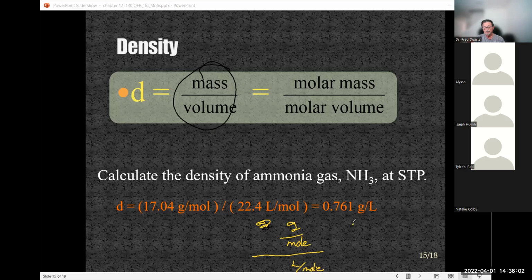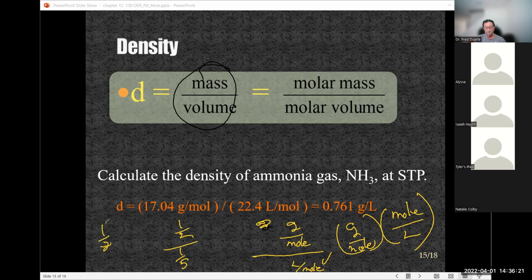So this becomes grams per mole times moles per liter. Okay, see how we inverted the fraction? It's like taking 1/2 divided by 1/5. That corresponds to 1/2 times 5/1, which is 5/2. Okay, that's what we're doing here.